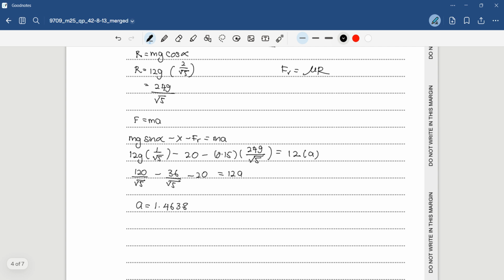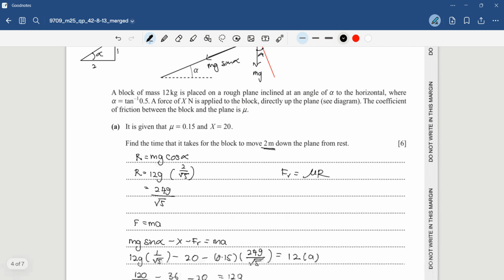Usually when I use intermediate values, like for example now I'm going to use a to find the t, because the question here said find the time, I don't use three significant figures. Use either the exact value or at least 4 to 5 significant figures so that the final answer will be more accurate.